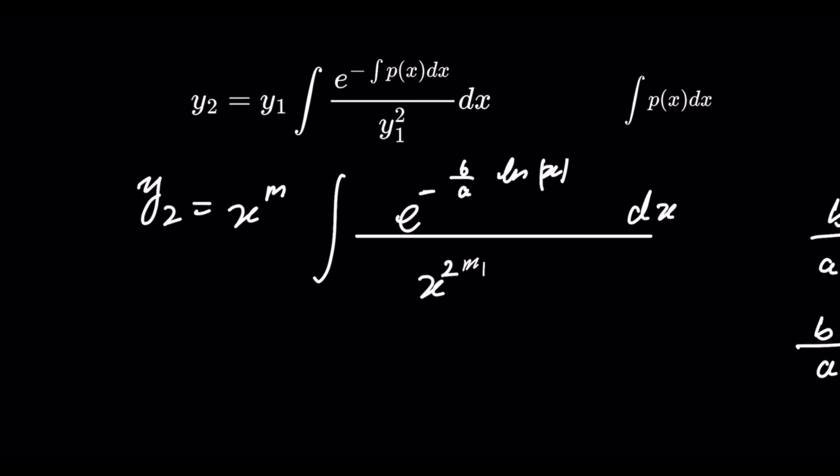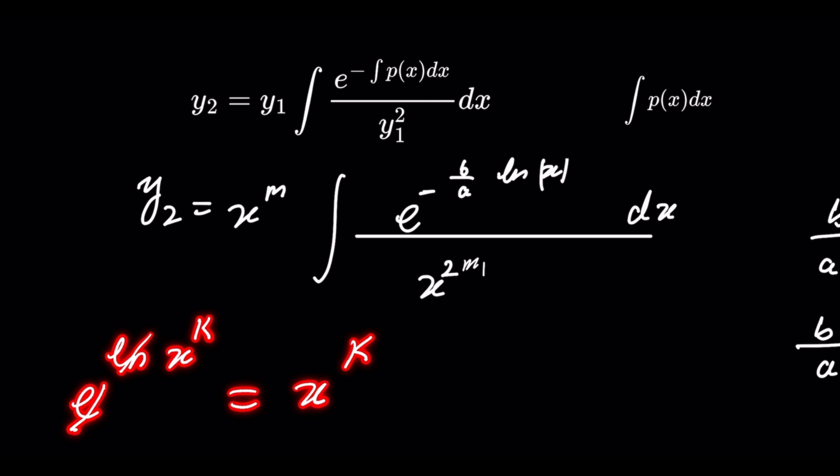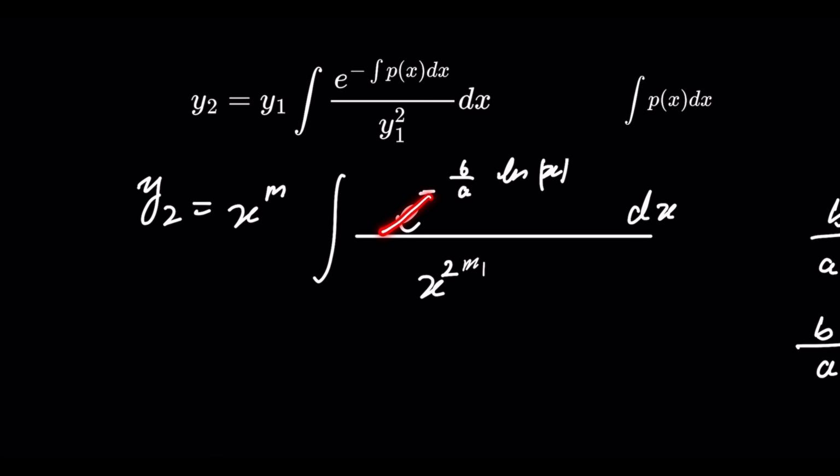Now, using the logarithmic identity, we know that e power ln x power k is equal to x power k. So this exponent and this logarithm are going to cancel out, leaving behind this only. Similarly, we are going to cancel out e from here and ln from here, taking this to the power.